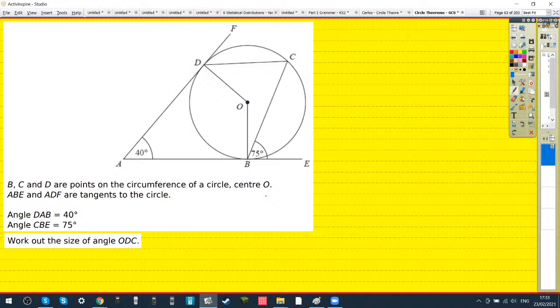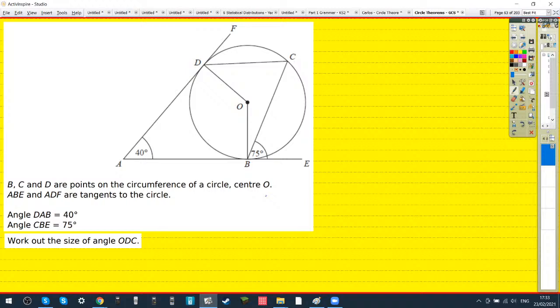ODC. Size of angle ODC. So I need to find out what D is. Okay. So 90 minus 75 is 15.